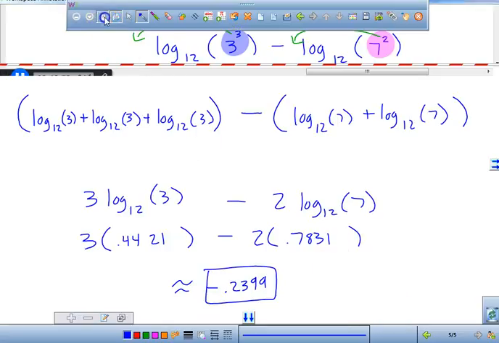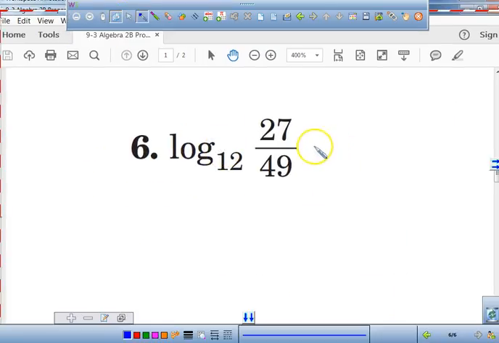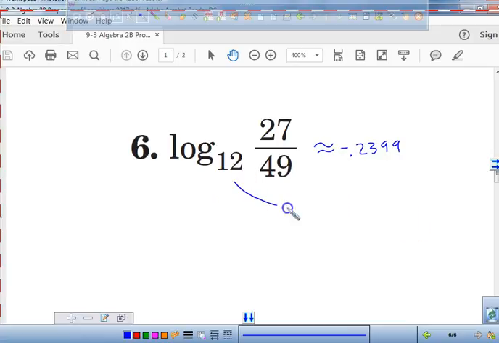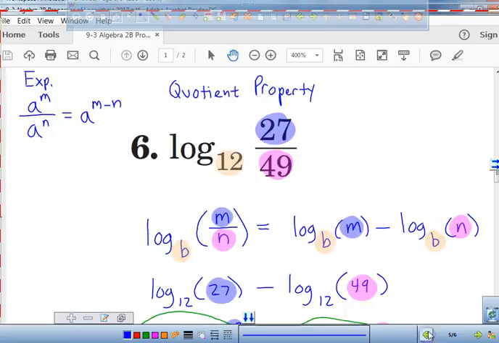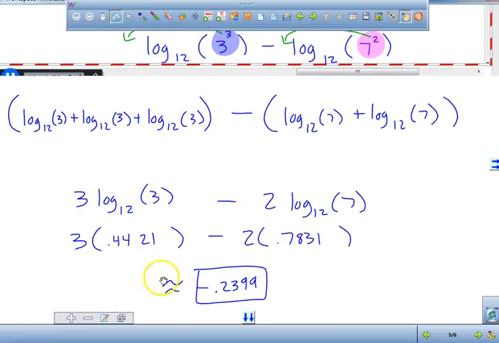This right here is approximately equal to negative 0.2399. Now check this out. I'm going to go around the world, and I'm going to say 12 raised to the power of negative 0.2399 would get me ridiculously close to that right there. Oh, go back. 3 times this minus 2 times this.